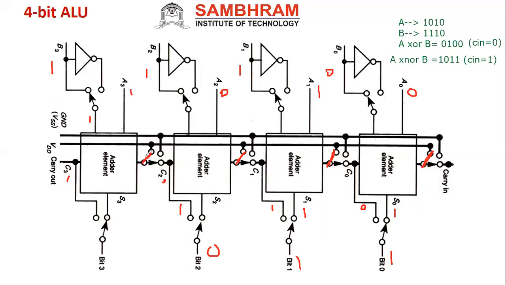The Cin is connected to VDD only. So 1, 1, 1. So what will I get? Sum is 1, and then carry also is equal to 1. Now what is my output? 1, 0, 1, 1. See, we got 1, 0, 1, 1 as XNOR.